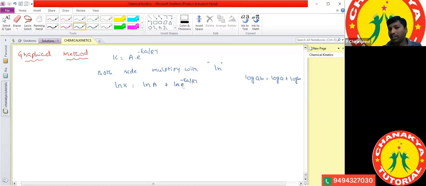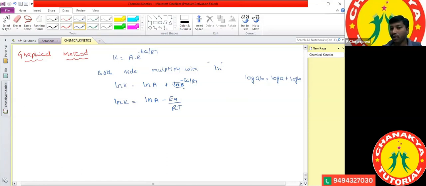If it is a power m, we can write it as m log e. And log e is a constant value. So directly we can write natural log k is equal to natural log A minus Ea by RT is the formula.